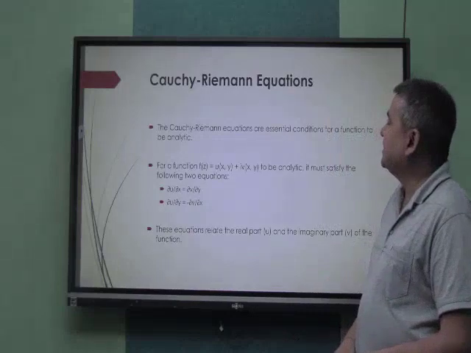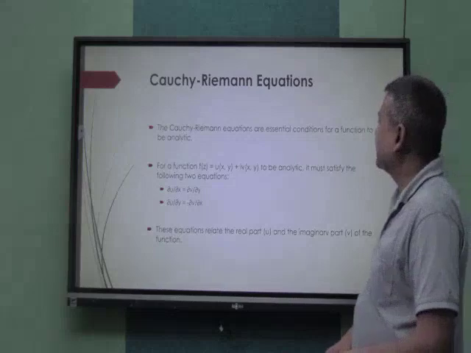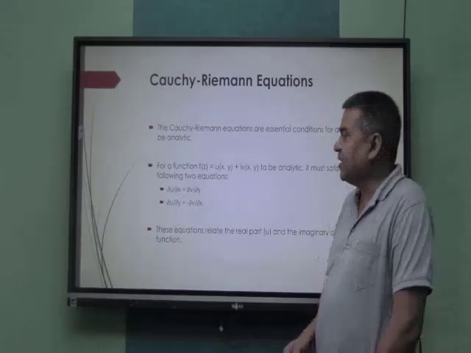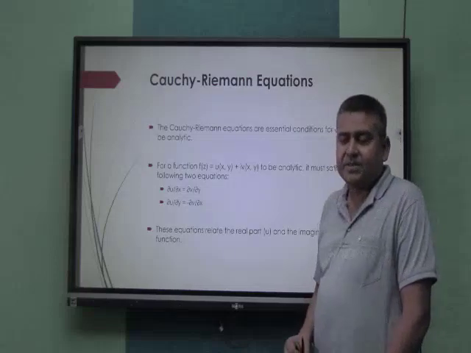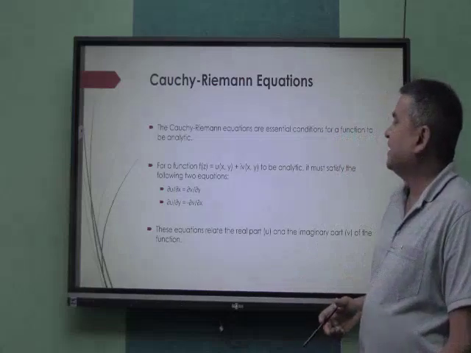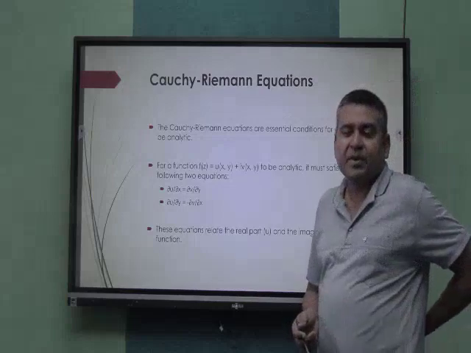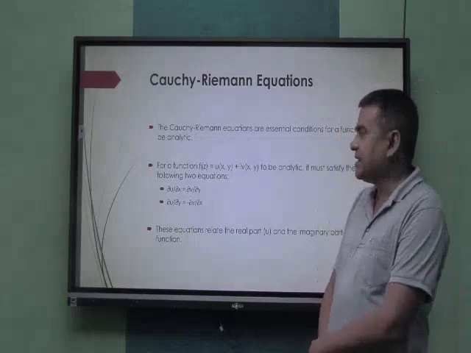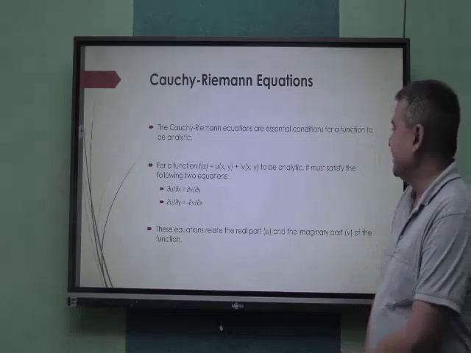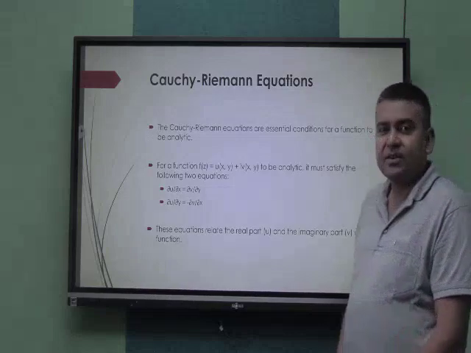The Cauchy-Riemann equations are an essential condition for a function to be analytic, and they are as follows: if f(z) is a complex function, w = f(z) = u + iv, then ∂u/∂x = ∂v/∂y and ∂u/∂y = -∂v/∂x. These two relations are called the Cauchy-Riemann equations. These equations relate the real part and the imaginary part of the complex function.